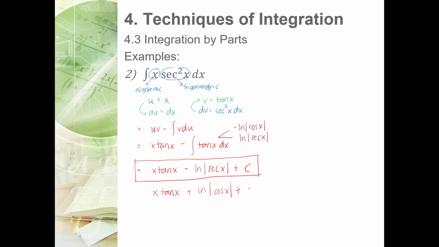If it's negative, okay, negative times negative, diba? All right, so questions for number 2? None, sir. Okay.